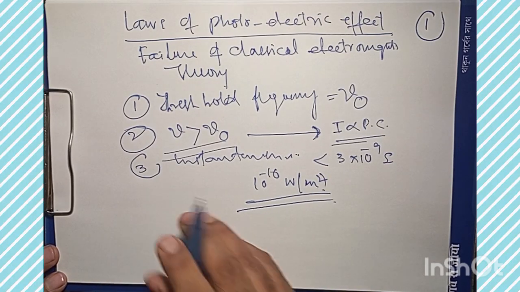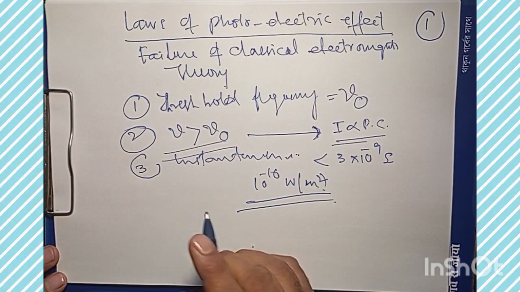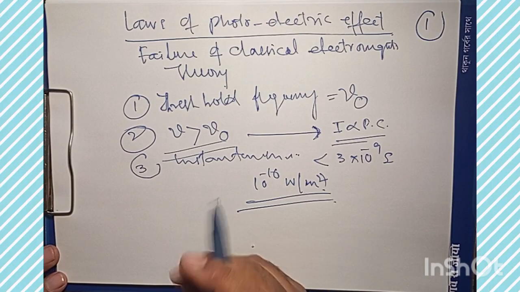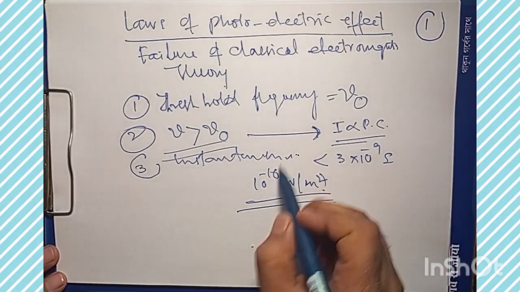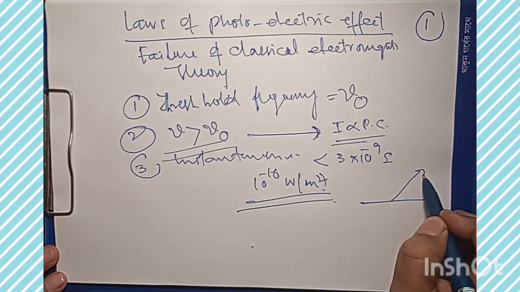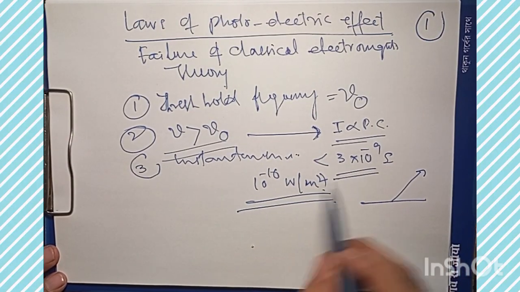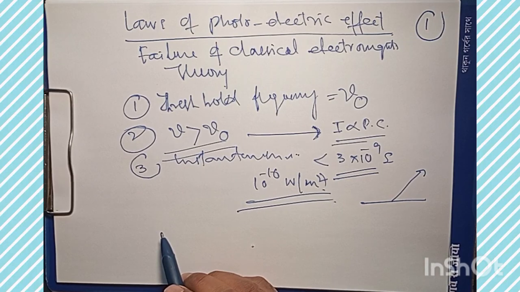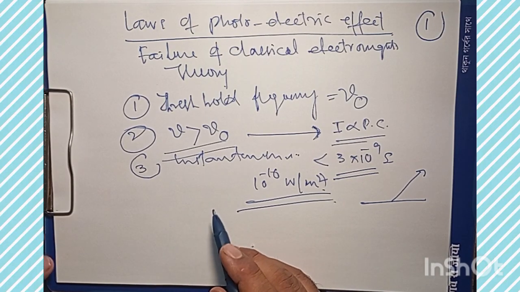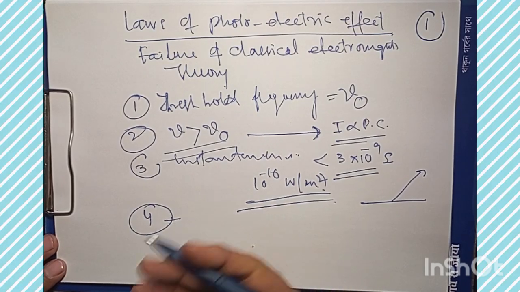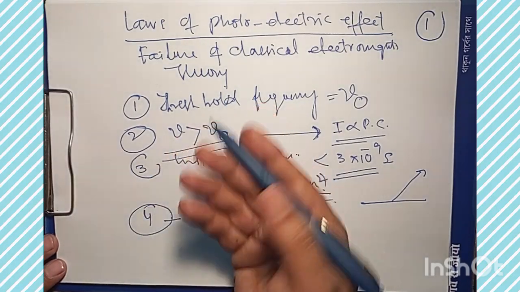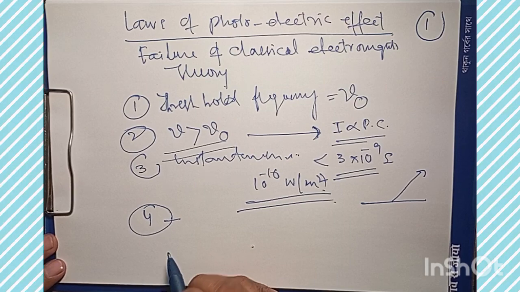So you have the light falling on it, and you have an electron coming out of the surface of this metal, and the time it takes is in the nanoscale, very instantaneous.